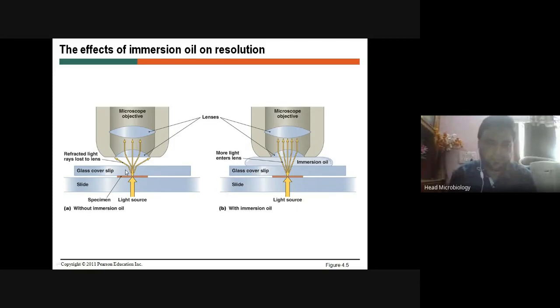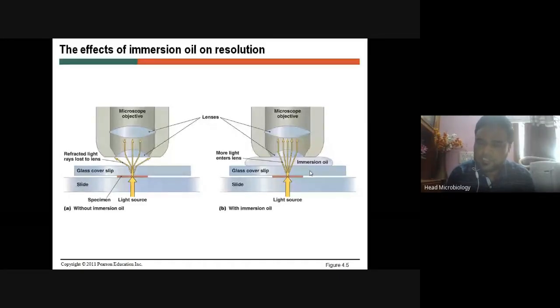So if you add oil over there, the refractive index of the mineral oil is generally 1.5, whereas for glass it is about the same, so it is almost near. Whereas in case of air, it is something like 0.